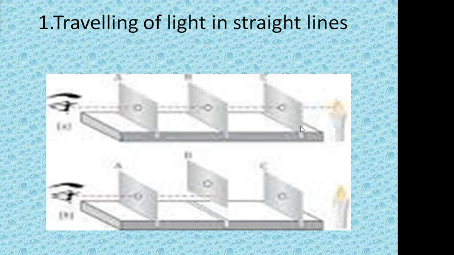Look at the candle light through the partition hole near you, like this. Adjust the partitions' position by moving them to the right and left until you see the light of the candle through the 3 holes. What you see, you can see the light of the candle.